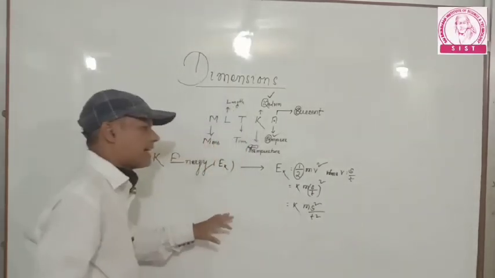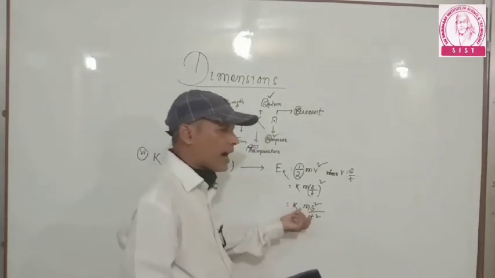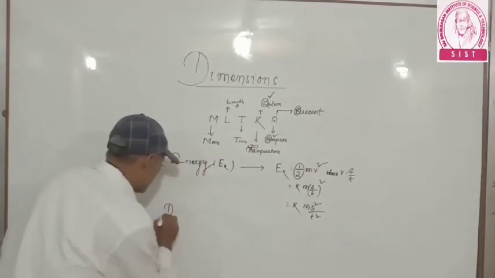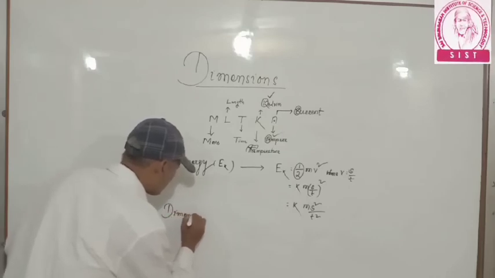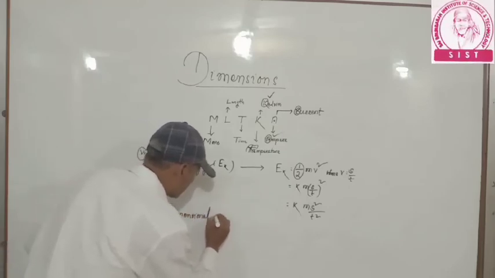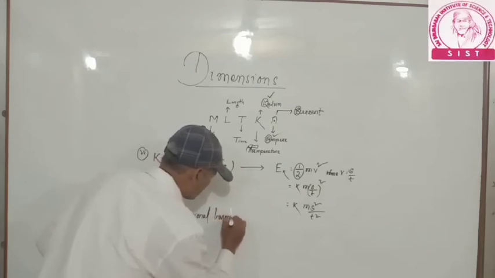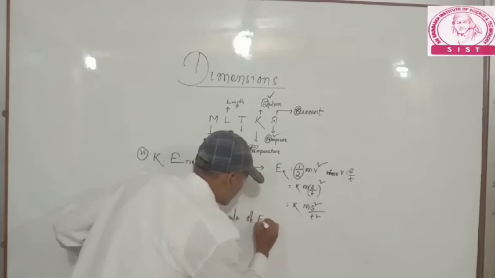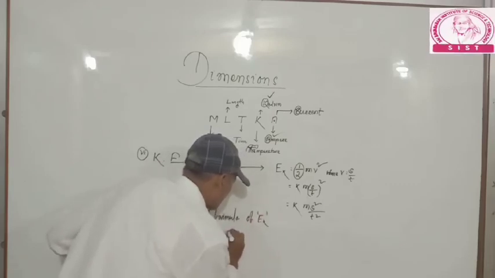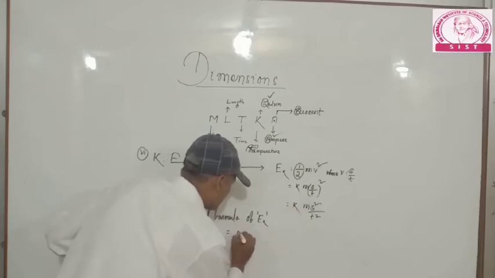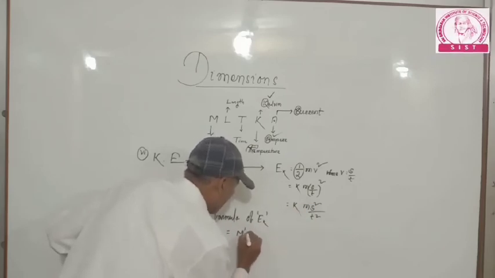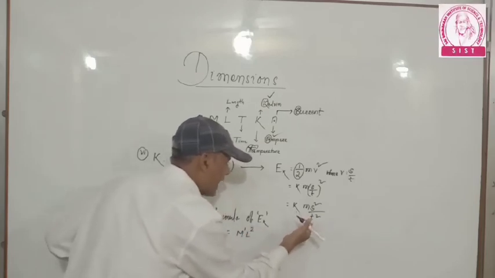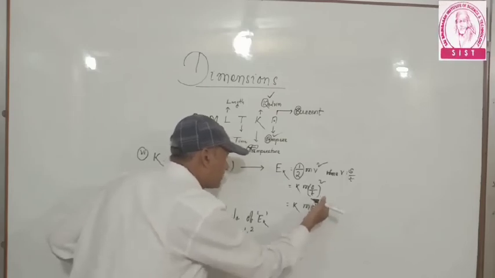Okay, start writing now. All these terms are fundamental quantities. So nothing to be worried. Just write the dimensional formula of kinetic energy is equal to M to the power 1, L to the power 2, T square is in the denominator, so we have to lift it.